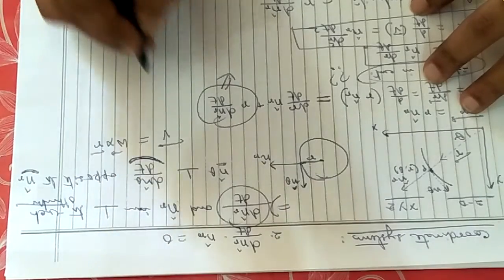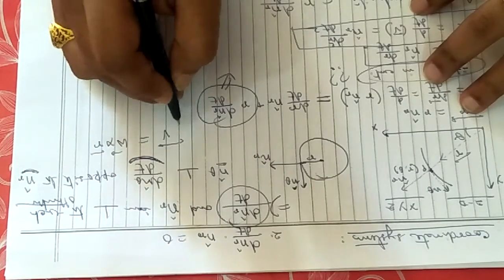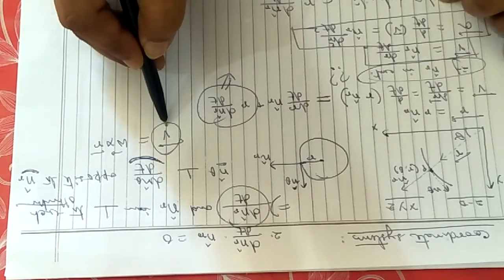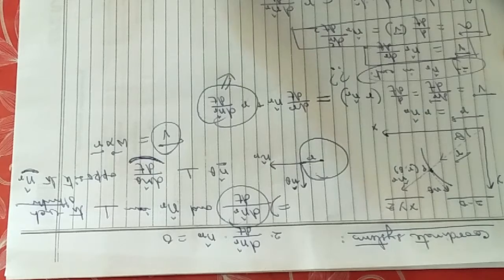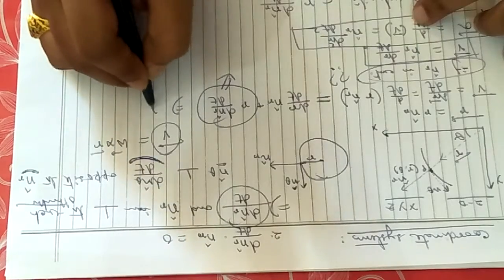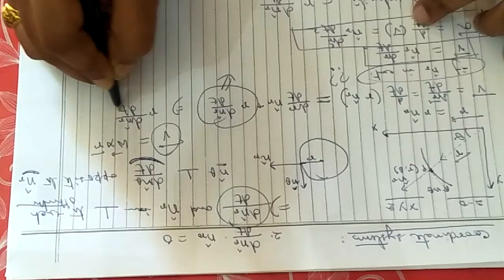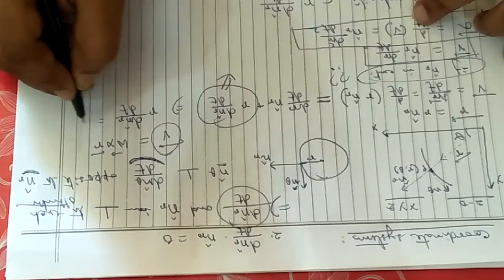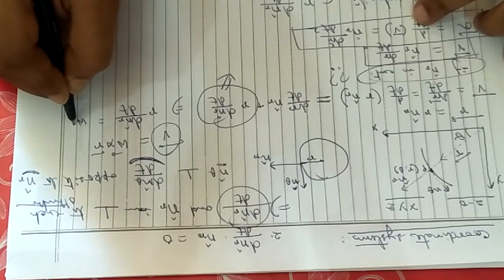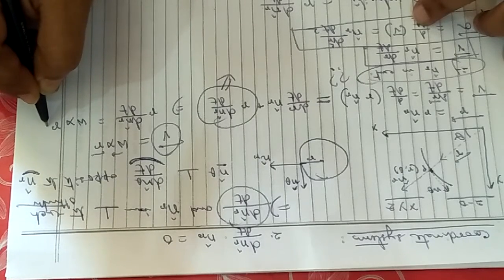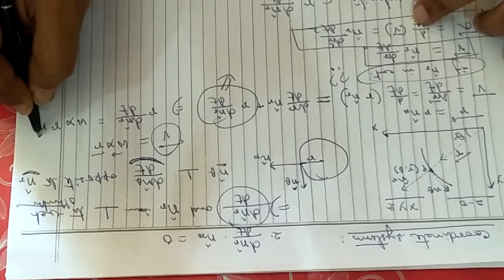And if you differentiate, instead of v, if you put the value of the transverse velocity that we have calculated, r d nr cap dt, and this can be written as omega cross r nr cap.